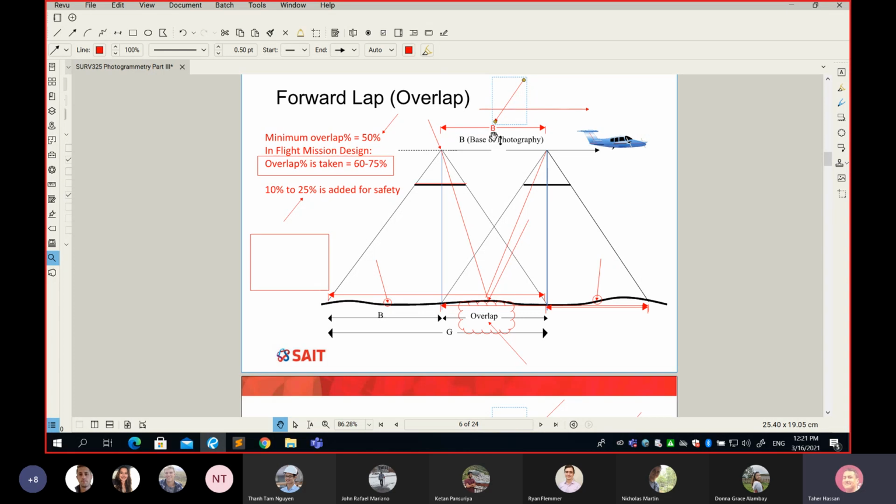And if we know the base of photography, we can simply find the time interval between the photos. And then we go to our camera, we tell the camera, take photo every 1 second, every 2 seconds, every 3 seconds, okay? And remember, the more time, the larger the B, the less the overlap.